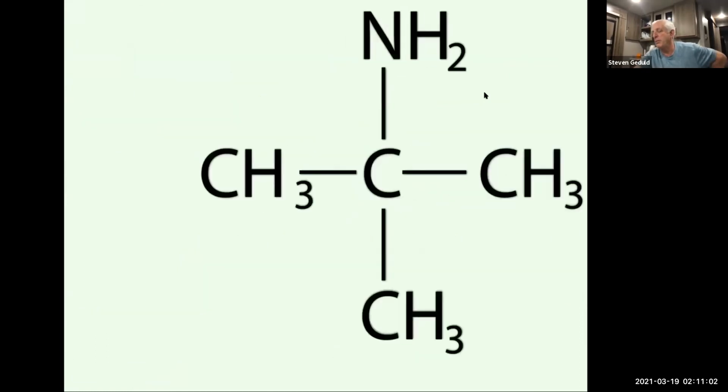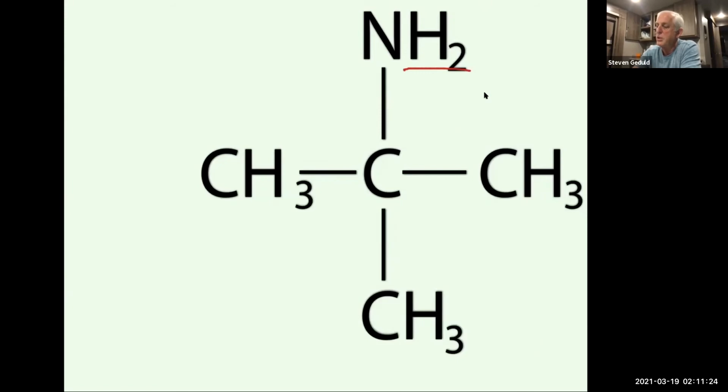And here's another one. Primary, secondary, or tertiary? NH2 is primary. So no N's in front of it. And then remember, this was a tert butyl group right here, these 4 carbons.